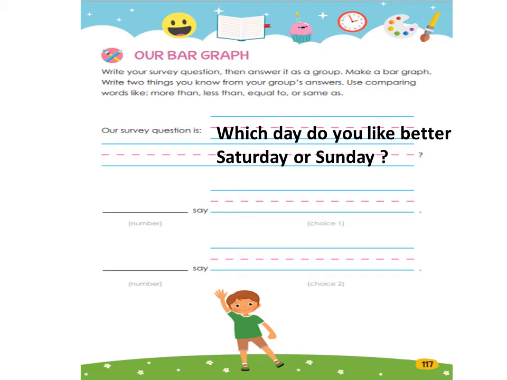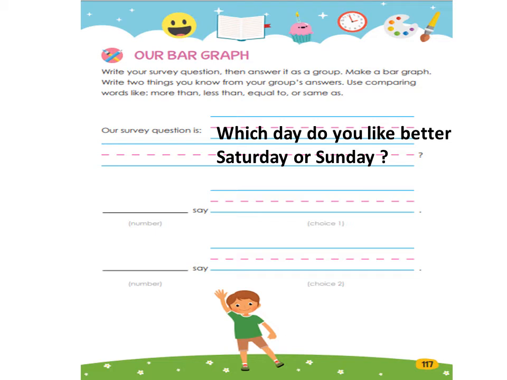You must choose a question, and I choose this question. It's so easy. Which day do you like better, Saturday or Sunday? We all like Saturday because it is a weekend, and some others like Sunday because they go to school or they go to the club.